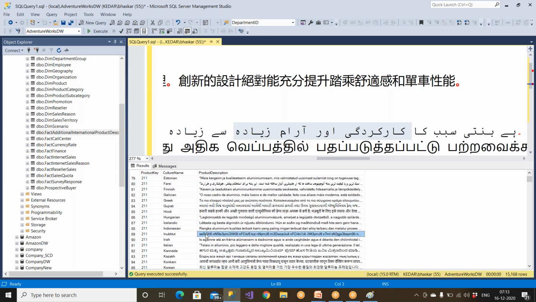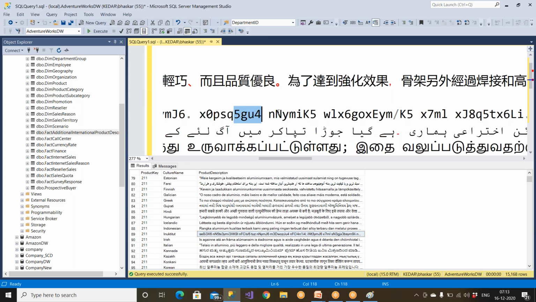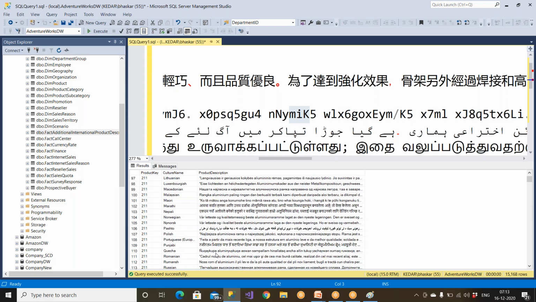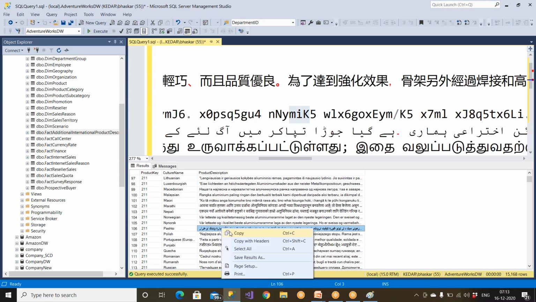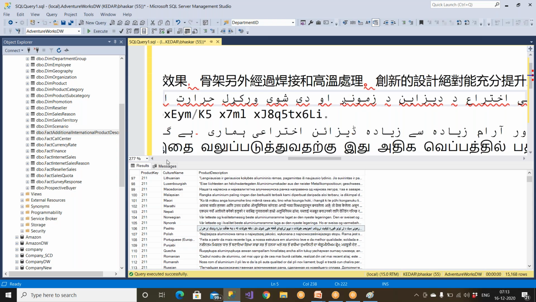And this is, I don't know what language. It looks like English only. This is, I don't know, Irish. A lot of languages are available. This is Pashto, which looks like Urdu only. All these languages are supported by Microsoft. You can store any language data as it is today without conversion. That's the beauty of this.